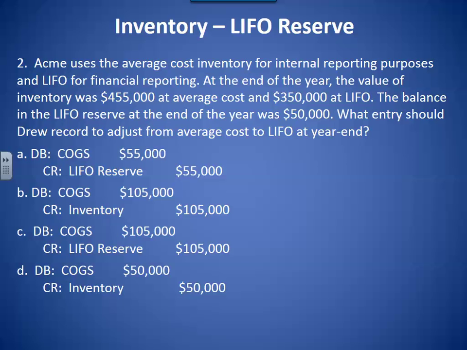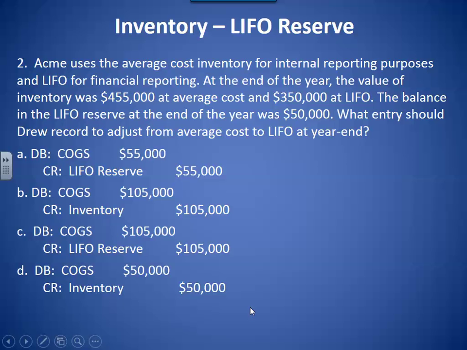So in this case, what we do need to understand is how the LIFO reserve account works. It's not asking you to do any calculation other than realize the LIFO reserve account has to be adjusted. So in this case, we have to choose the correct accounting entry.